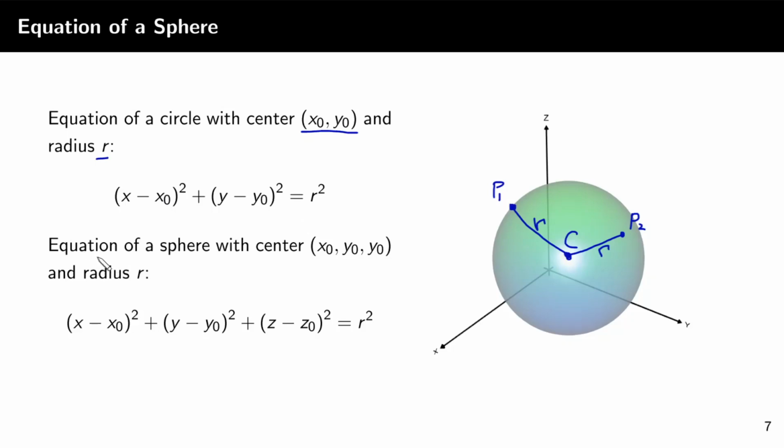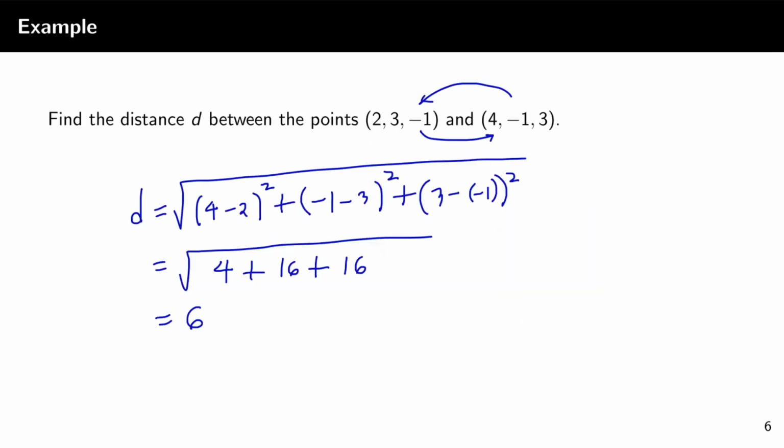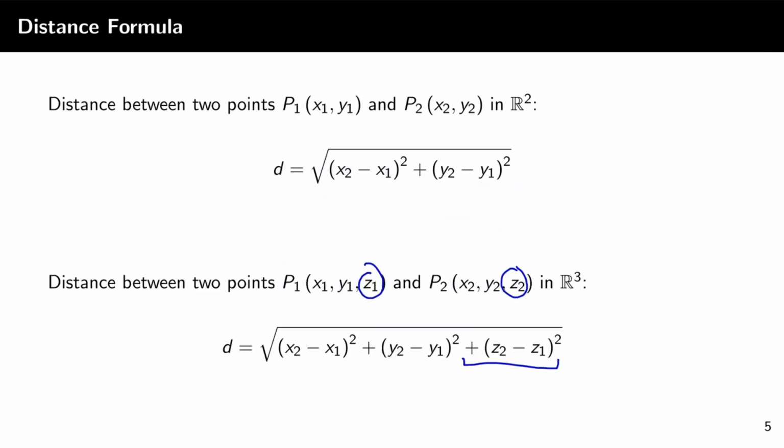Now in R3 naman, the equation of a sphere with center (x naught, y naught, z naught), sorry for that, and radius r is given by this: quantity x minus x naught squared plus quantity y minus y naught squared plus quantity z minus z naught squared equals r squared. So saan galing itong formula na to? Actually, galing lang to dun sa distance formula natin. Ito.